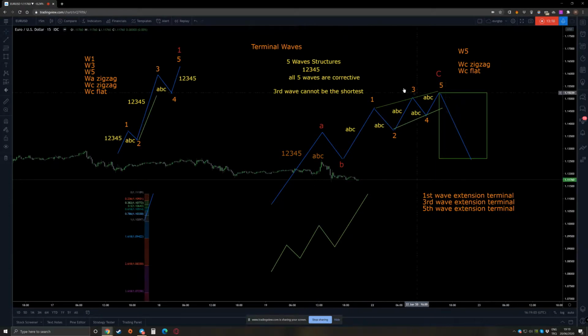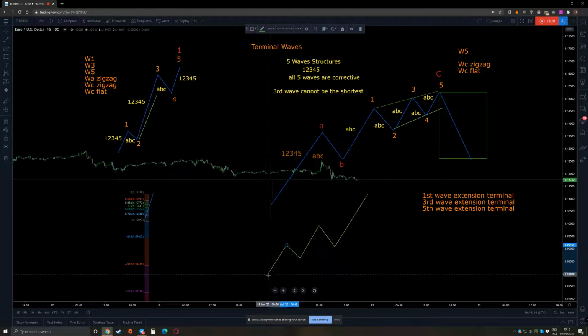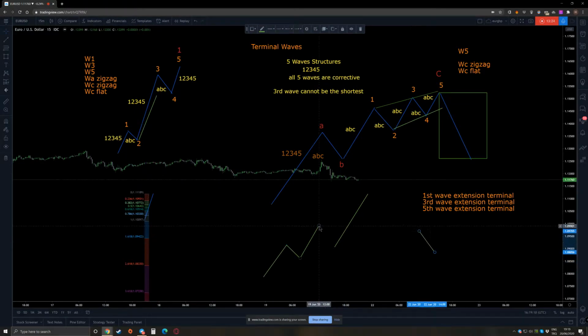This is why I say most of the time it does look like a wedge. The least common one is the third wave extension, which is something like this. This one is even less common.